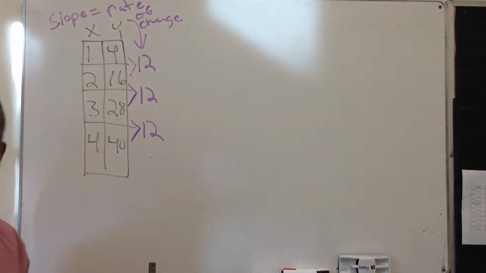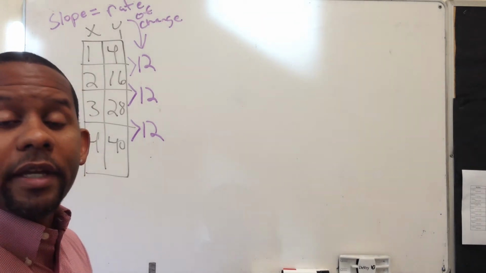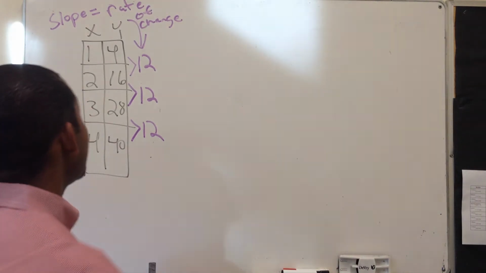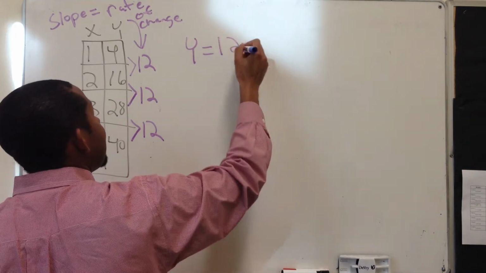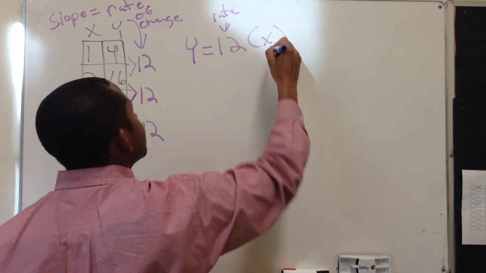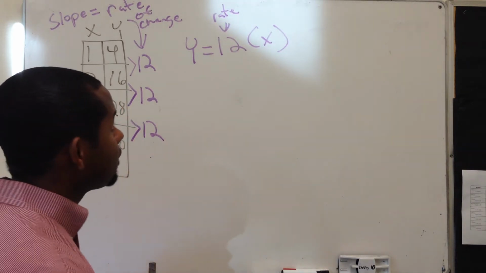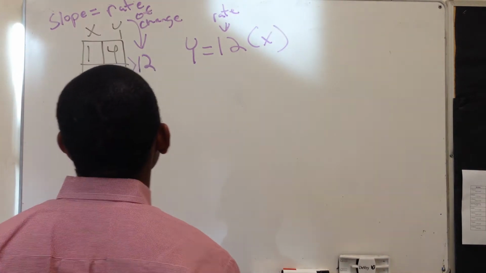So now that I have this constant rate of change, let me plug it in in terms of y. So y equals the rate of change times x. Now let me check this to see if it actually works.